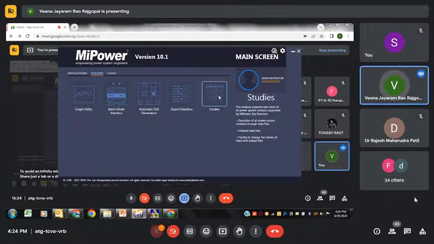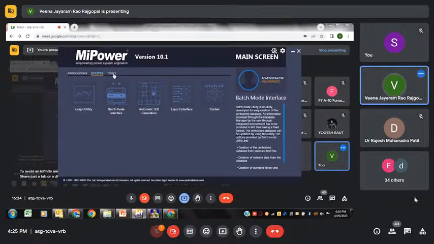MyPower lets you analyze the system at various levels. One is using the single line diagram and the database. Next, you can use only the database, and at other levels you can enter the values in a text and directly use that text to perform the studies. So these are the flexibilities.